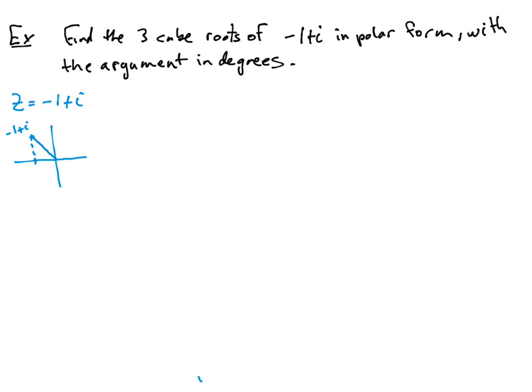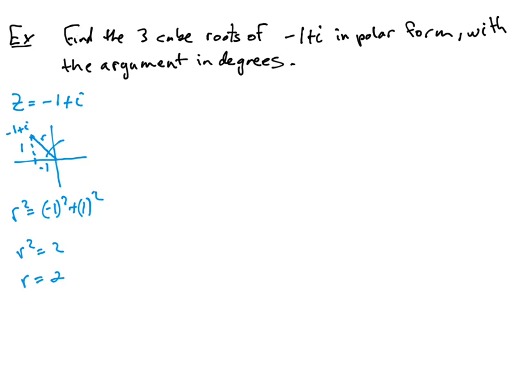We need to find the r value: the vertical value is 1 because it's 1i, and then -1 along the horizontal axis. So r squared is equal to (-1) squared plus 1 squared, which is 2. r is going to be square root of 2.